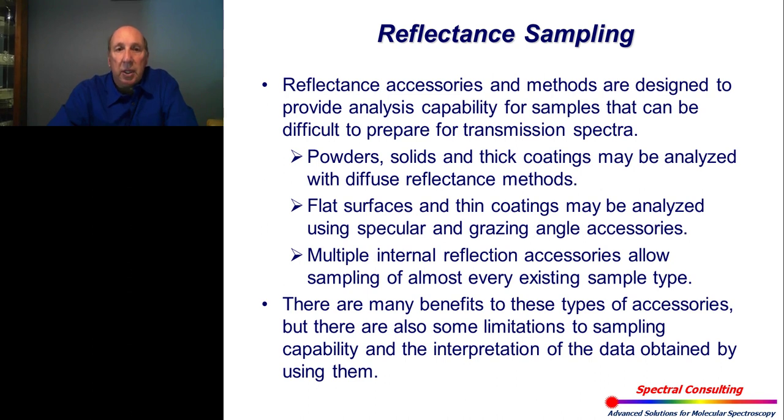Flat surfaces and thin coatings can be analyzed using specular and grazing angle accessories, and multiple internal reflection accessories allow sampling of almost every existing sample type except gases, but we can do solids, powders, and liquids with an ATR and collect a very good spectrum. There are things we have to be aware of when we're using these accessories to collect spectra, and we've got to be careful on the interpretation of the data, because there can be some changes associated with the absorption spectrum compared to the transmission data.